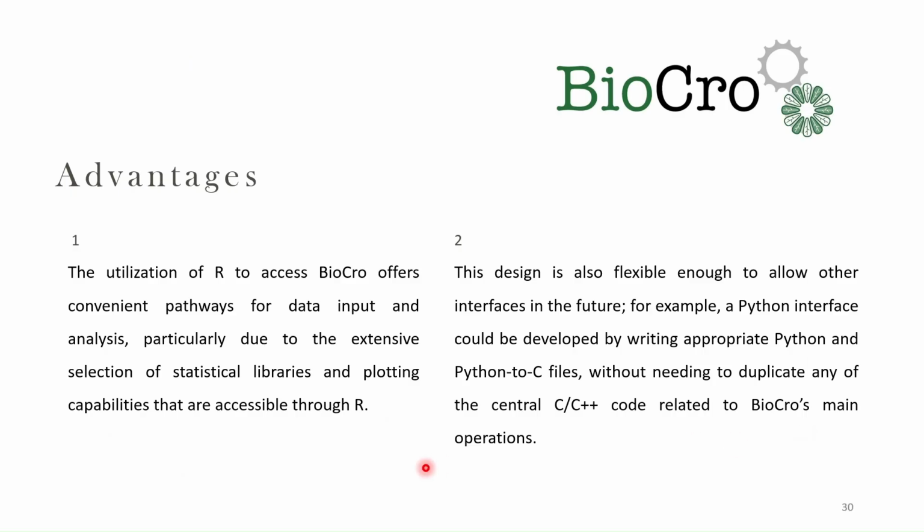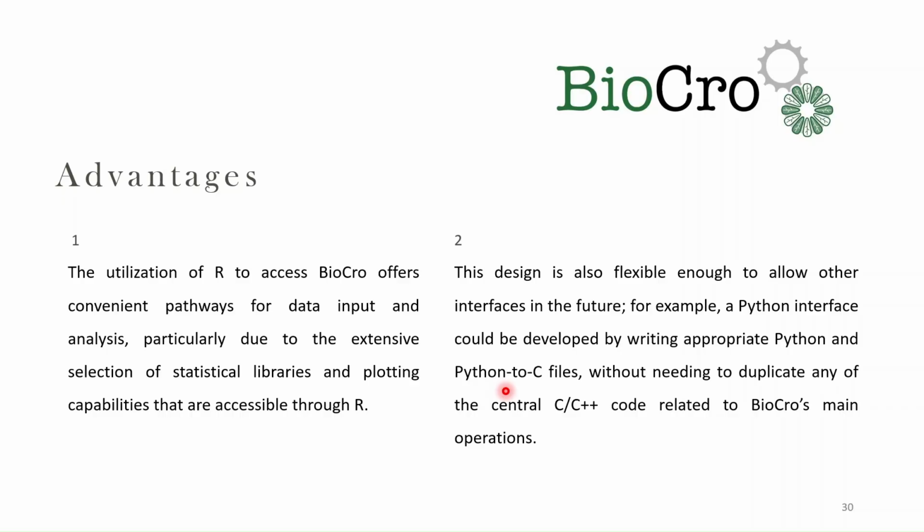So, BioCro's advantage is majorly its modularity, and also we can run this BioCro model using R, which is comparatively more user friendly than many programming languages. It is also developed in such a way that, say, tomorrow we don't want to run it in R, we want to run it in Python.